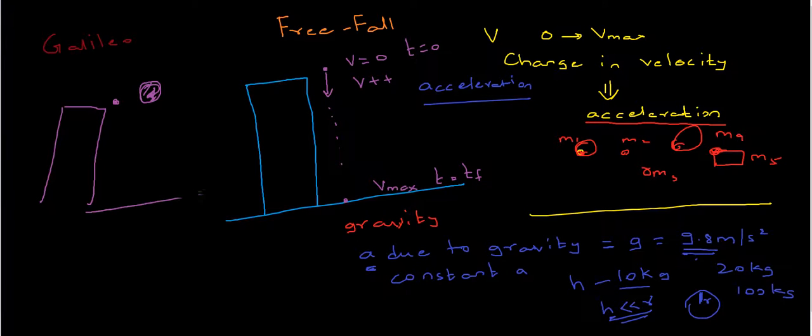What he observed is, over a period of time, both the objects reach the surface of the Earth at the exact same time. And that's when he concluded that the acceleration that both the objects had was the same irrespective of the masses. So acceleration due to gravity is not dependent on the masses of the objects.